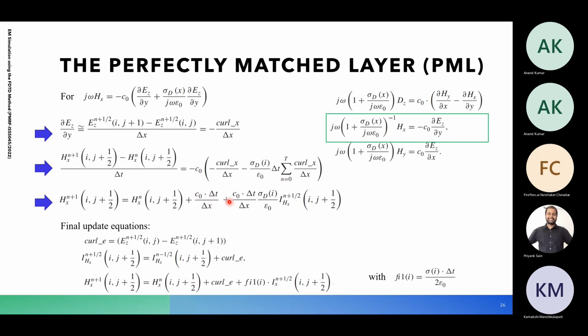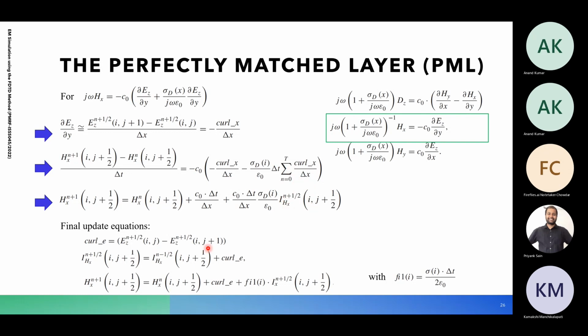So that will be the second term over here, and then this c naught into sigma d by epsilon naught, this delta t over here, and then again delta x, we can take it common from over here, and we get that term over here. And we refer to this particular summation of curl of x as IHx.